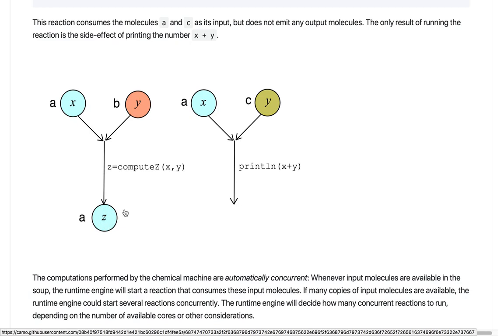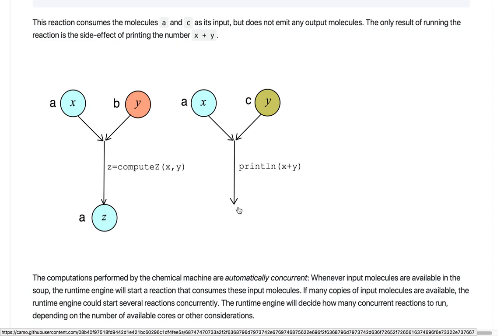And in this reaction, the two molecules come together to the reaction site, which is just a virtual place where they go and wait for each other. Then they both disappear. Then the reaction body is evaluated, x plus y is computed, the side effect is performed, and that's it.